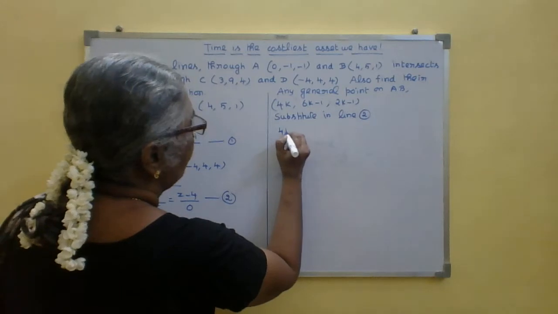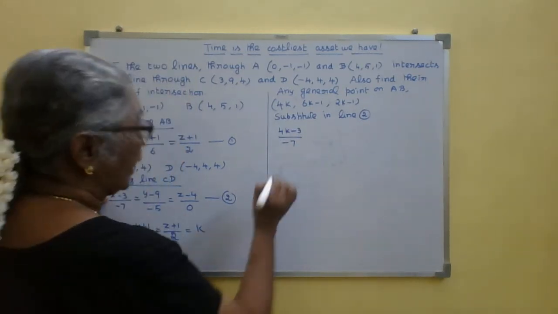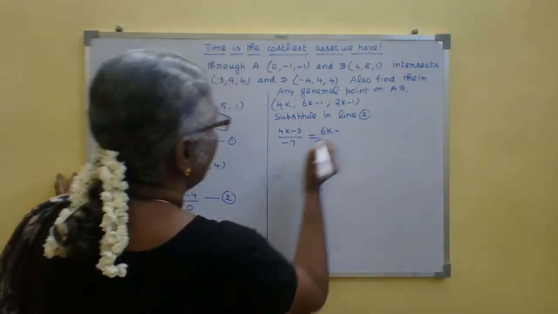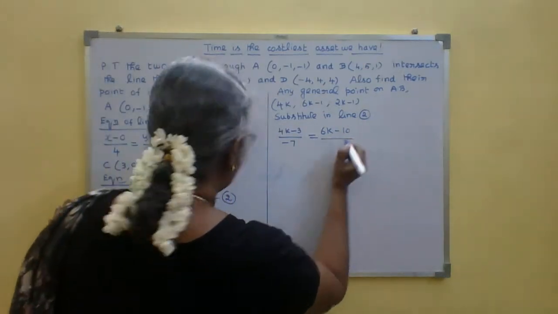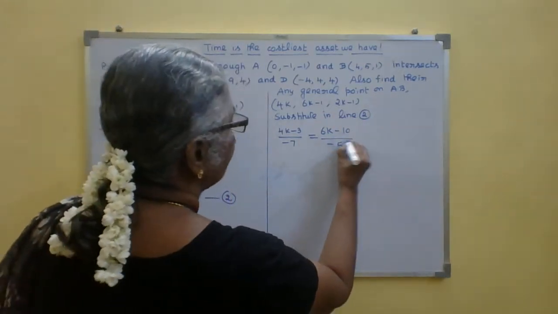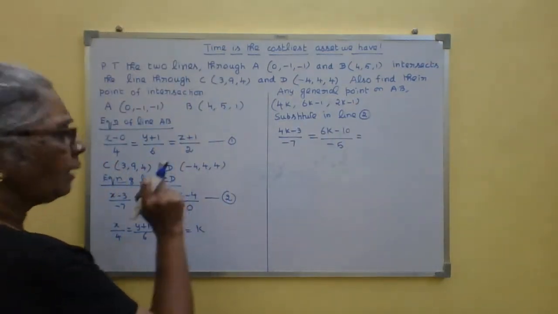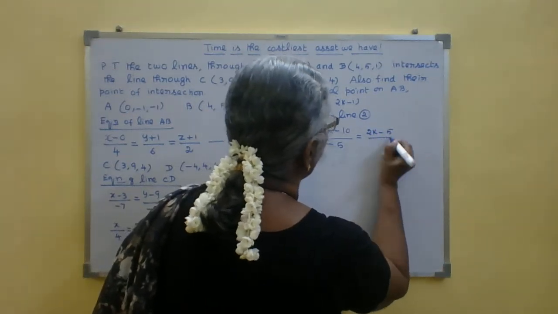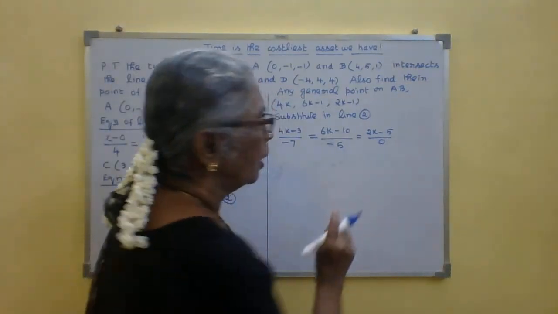So I will get (4k - 3)/(-7). Actually that should be equal to (6k - 1 - 9)/(-5), so I will get (6k - 10)/(-5). That will be (2k - 1 - 4)/0, so I will get (2k - 5)/0.